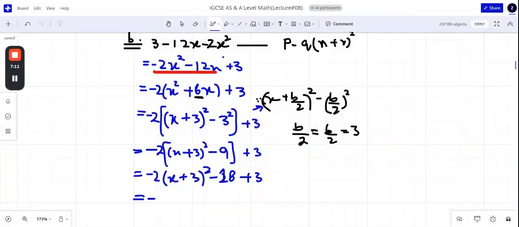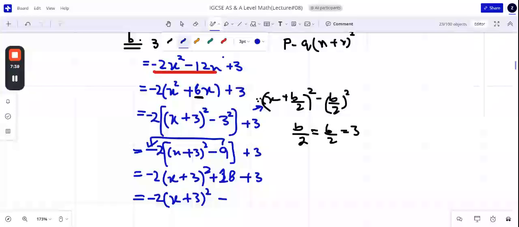So minus 2, this is our completing square, we will not change it, it will stay the same, x plus 3 whole square. Minus minus would be plus, because the 2 has a minus sign. So 18 plus 3 would be equal to 21.